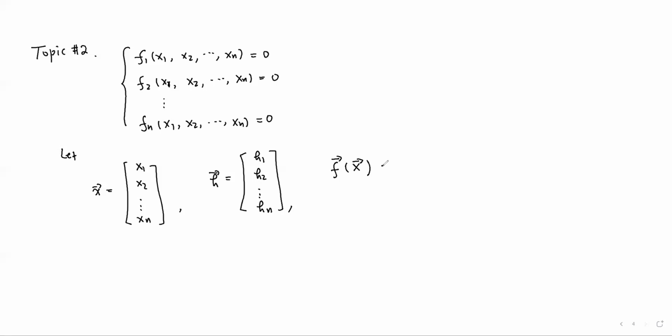To denote the functions on the left side of this system, f1, f2, and fn, each of x1, x2, xn.